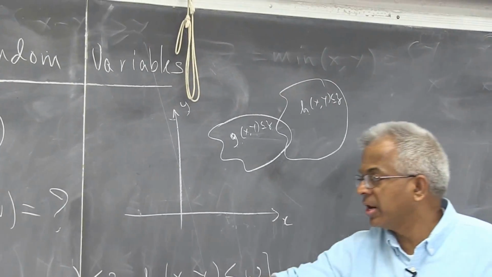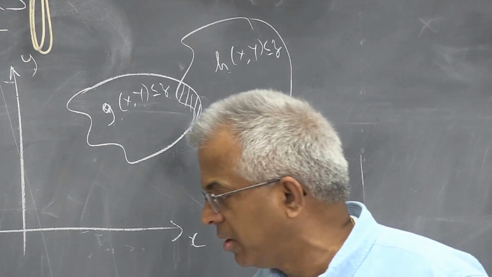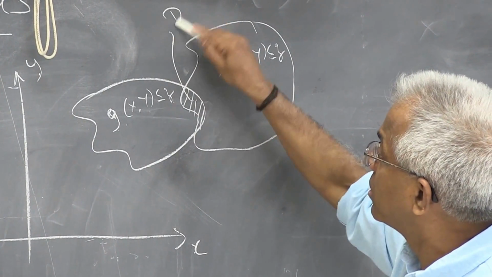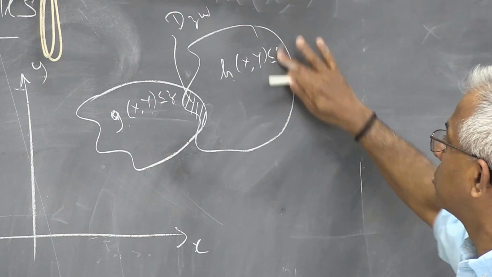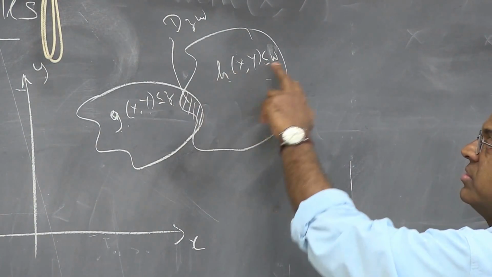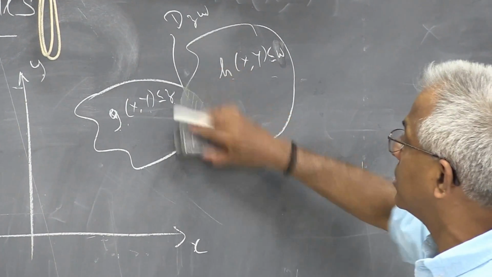So we want the region where both these inequalities are satisfied. Let me call this D_zw. So for this specific value of z and w, this is the region where these two inequalities are satisfied.